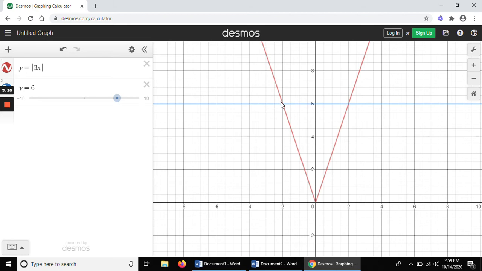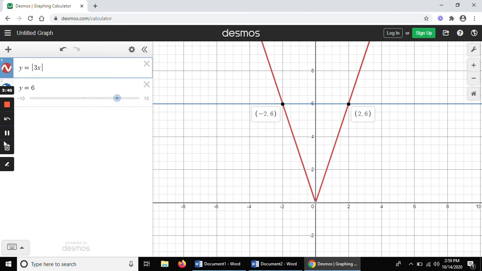The graph meets right here, so I click on that spot until it gets black. And there is another point where the two graphs meet, which is right here. I click it until it gets black.